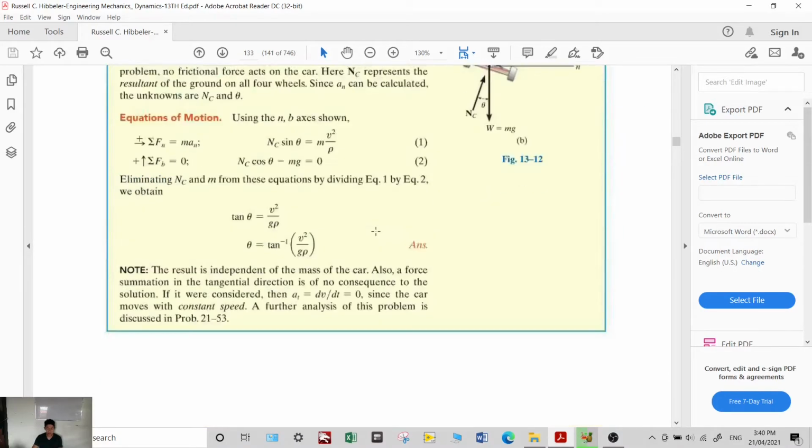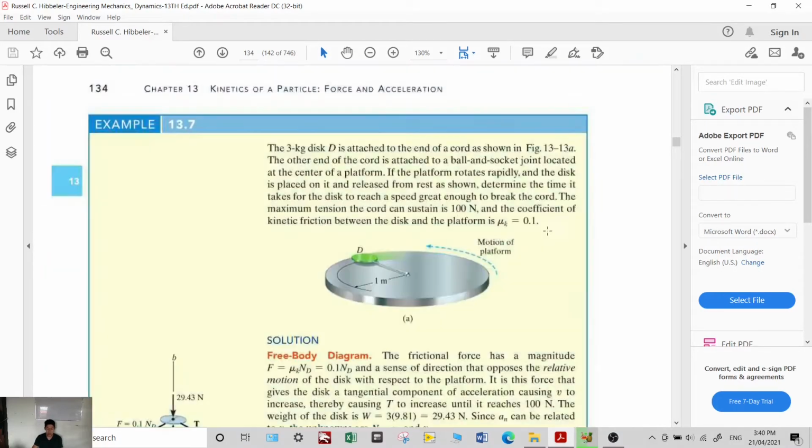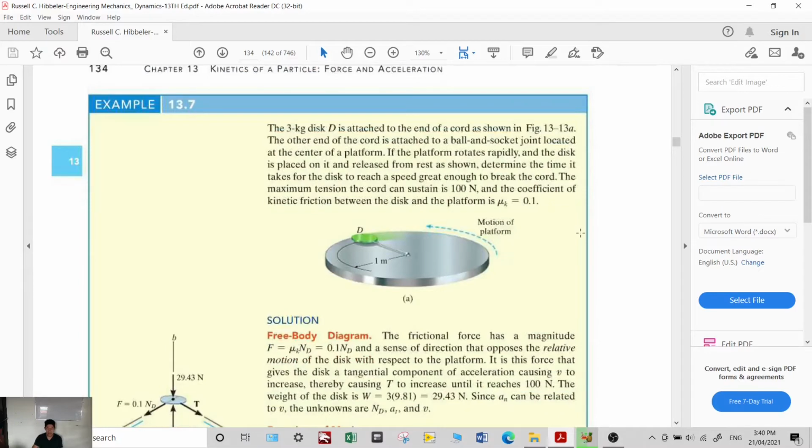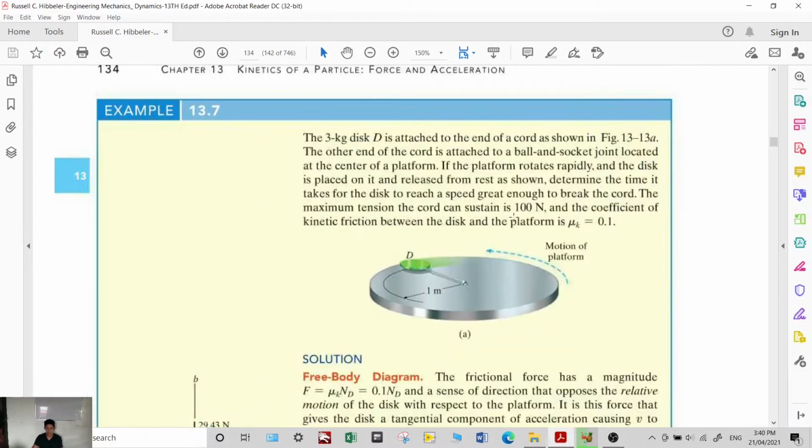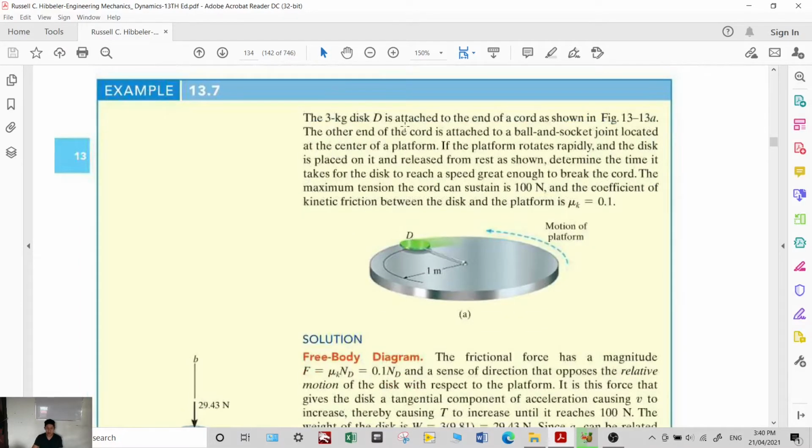Now we will choose example 13.7. You have a 3 kilogram disc D attached to the end of a cord. So this is the cord. The other end of the cord is attached to a ball and socket located at the center of a platform.